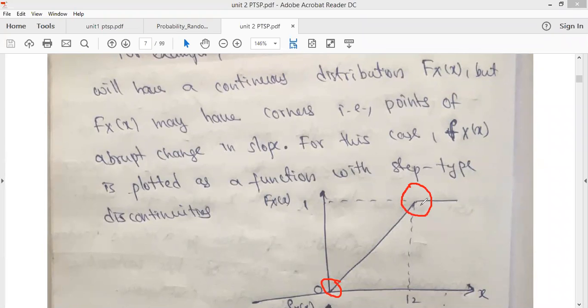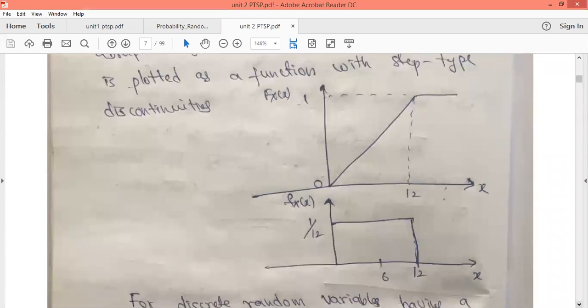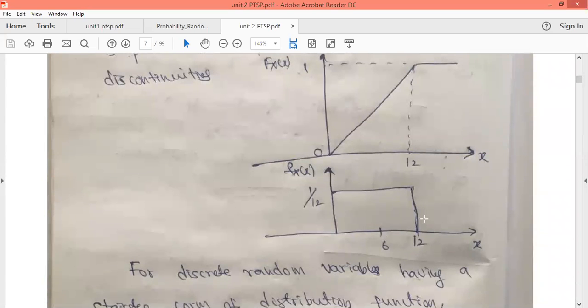So for that the density function will be defined as a step function, a step type discontinuity here. Whenever we have a continuous distribution function like this, its derivative will be a step function like this. The area under this curve will be equal to 1.